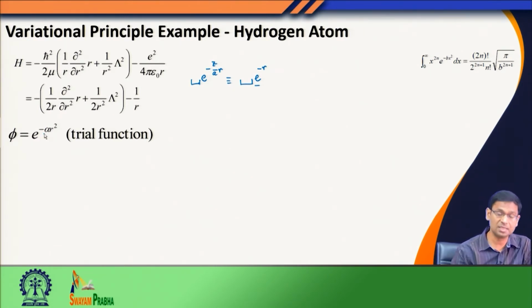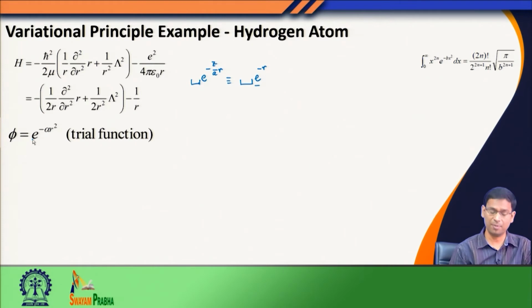I have given a parameter alpha, so that I can see what kind of alpha I am getting out of it. I know to begin with that this is not a very good choice for the wave function, because the true wave function has an e to the power minus r dependence, and my dependence is not so correct. But let us see what we are getting.